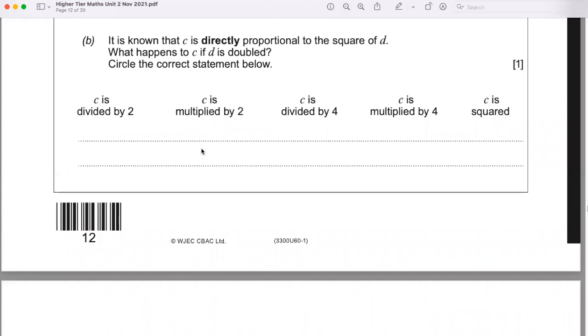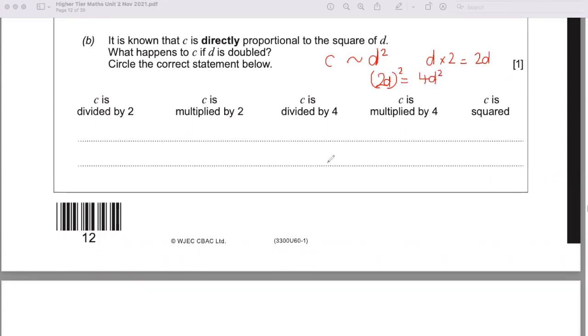B, it is known that C is directly proportional to the square of D, which is D squared. What happens to C if D is doubled? Now, if D is going to be doubled, which is 2D, remember when you square the 2D, you actually have 2 squared, which is 4, and then D squared.